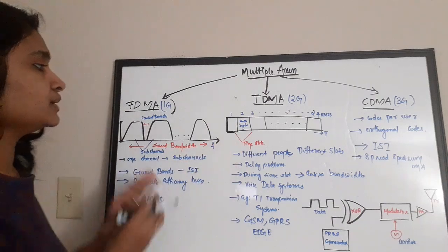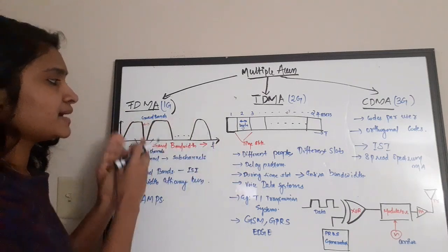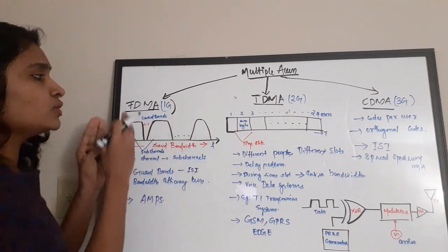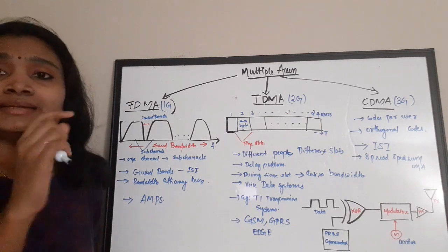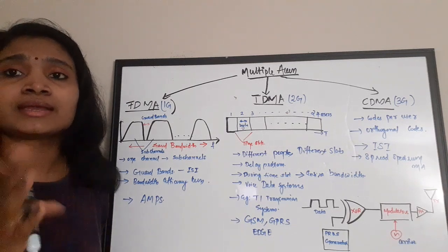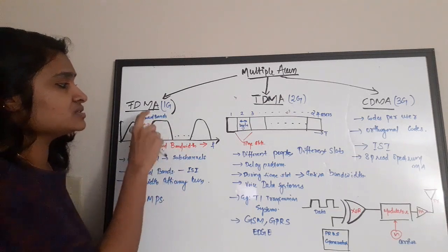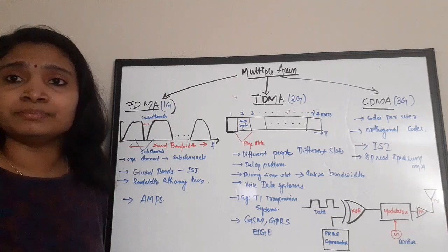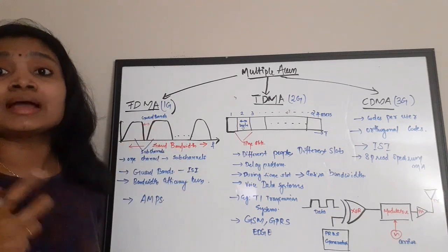Nobody else can use it, and the user can use this sub channel for the entire time period. That is called frequency division multiple access.